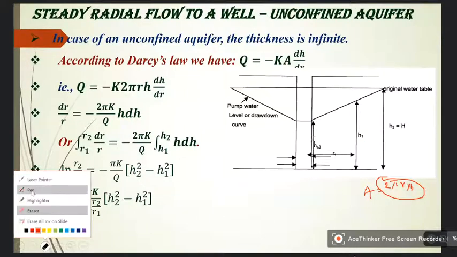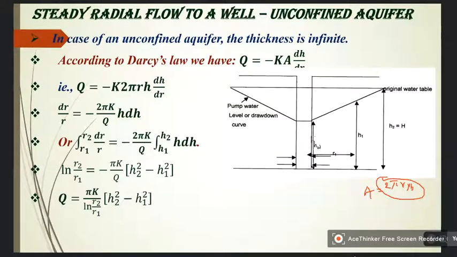in the case of an unconfined aquifer, there is no question of any B. So this is the initial water level, and this is the water level at any time. So what is the area of the flow?